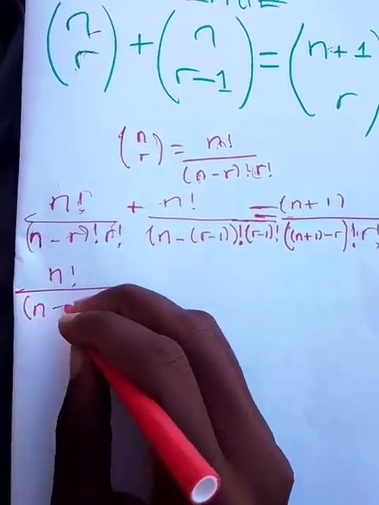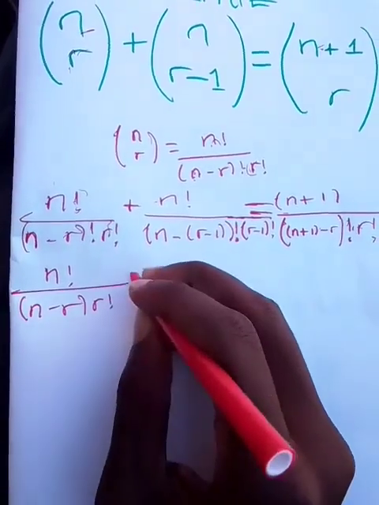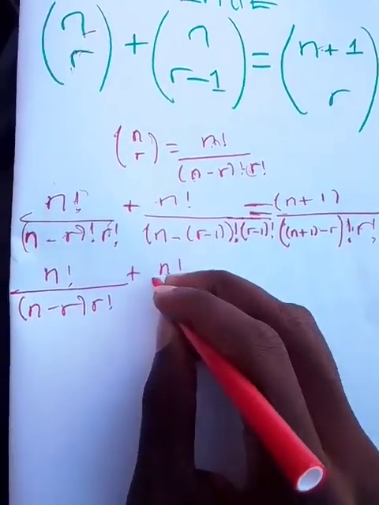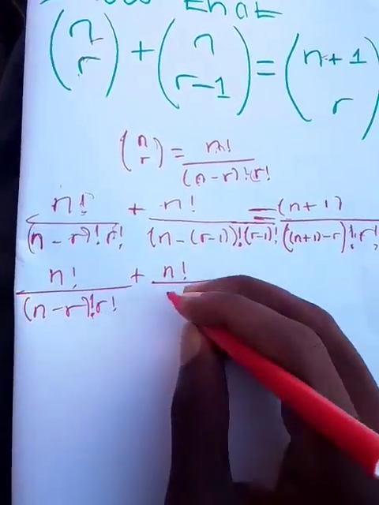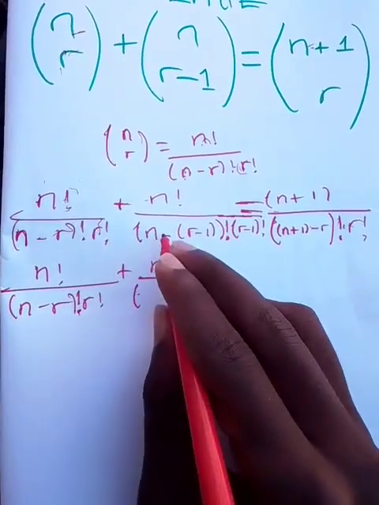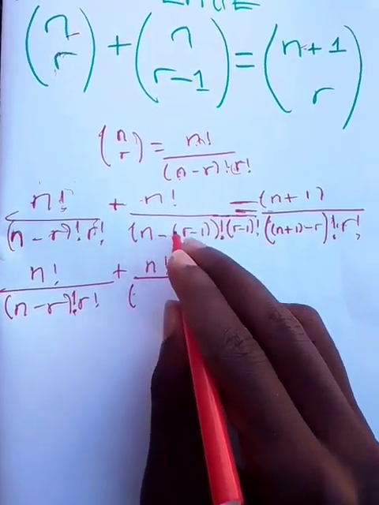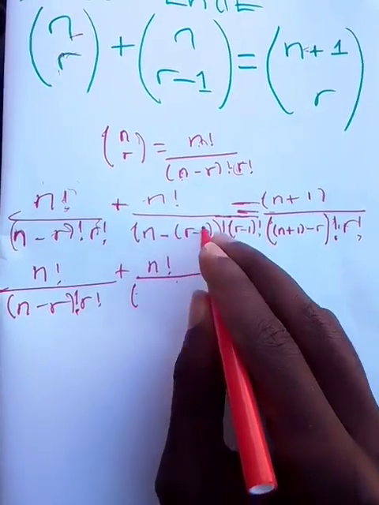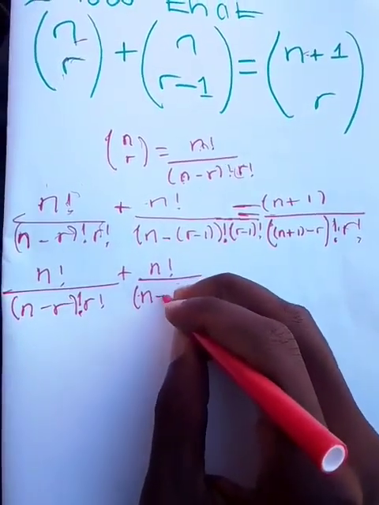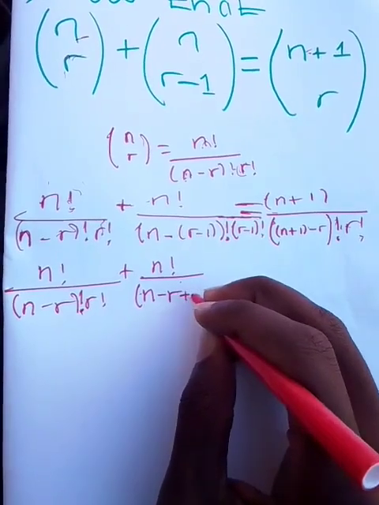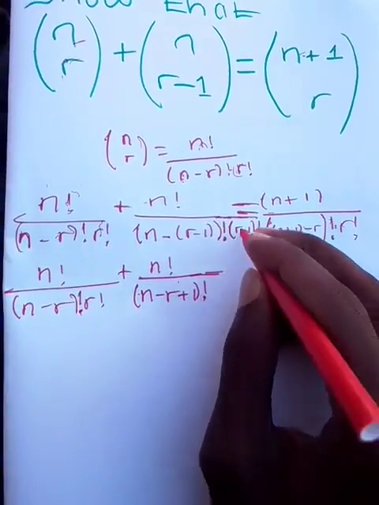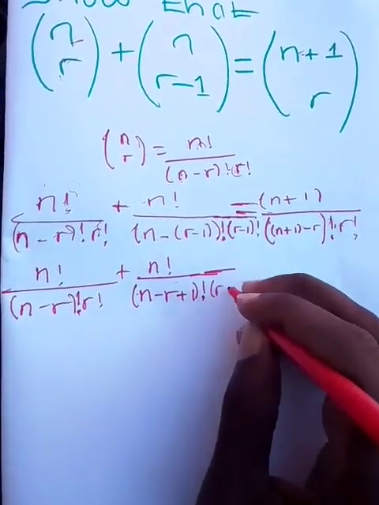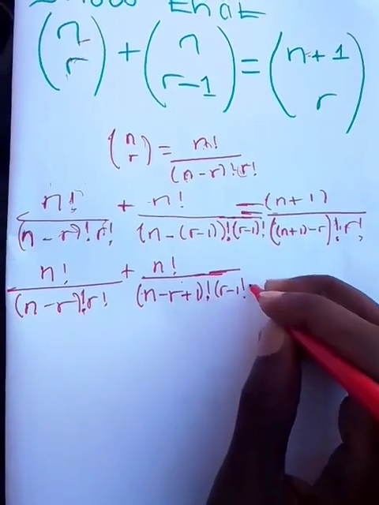So I'll do this: r factorial plus n factorial over, let me not forget the factorial here. Let's try to simplify this one. Let me just multiply this one throughout. I'm going to have n minus r plus 1 factorial, and then r minus 1 factorial.